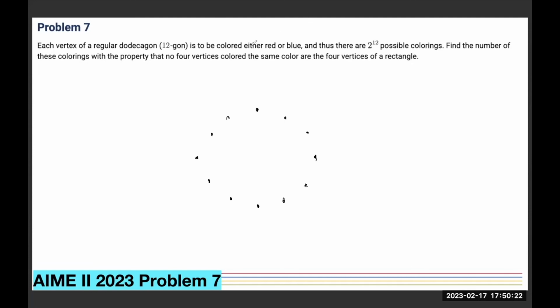And actually, I'm going to get rid of coloring them red or blue. I'm just going to give them each a notation, like positive or negative. It doesn't really matter. We're just labeling them with one of two labels. And the whole point is we don't want a rectangle that has all four of them with the same label.